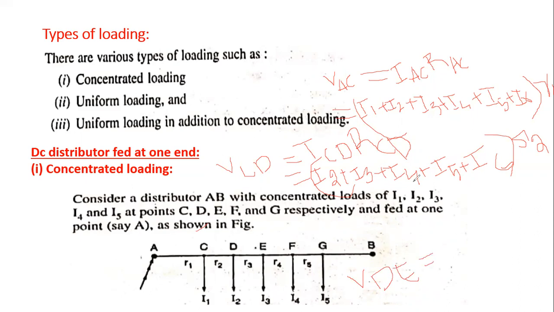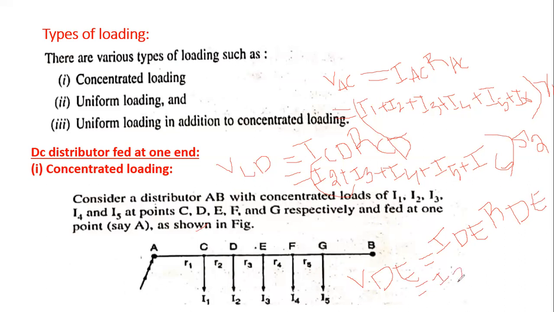Voltage drop at section D. What is the formula for that voltage drop at section D? That is ID into RD. What is the current at section D? I1 dropped, I2 dropped. What are the remaining currents?